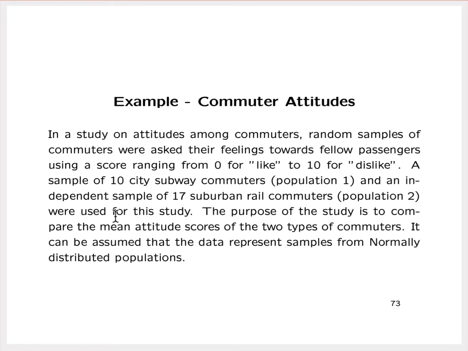And so sample 1 has 10 observations, so there are 9 degrees of freedom associated with that sample. Sample 2 has 17 observations, and so there are 16 degrees of freedom associated with that sample. And so the minimum of those two values would be 9, and so we would be using the t-distribution with 9 degrees of freedom from which to get our critical points.